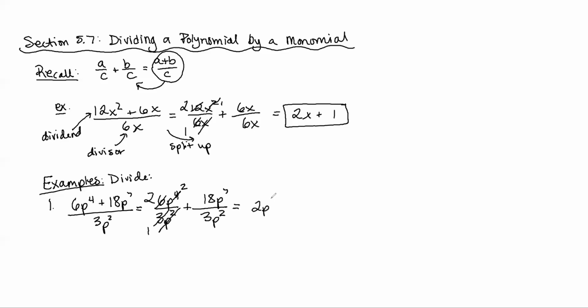And the bottom is just a 1, so we don't care about that. Plus 18 over 3, we can reduce this to a 1 and a 6. We can cancel out 2 p's, so we're left with 5 on the top. So the bottom's just a 1, we don't care about that. And then on the top, we have 6p to the 5th.